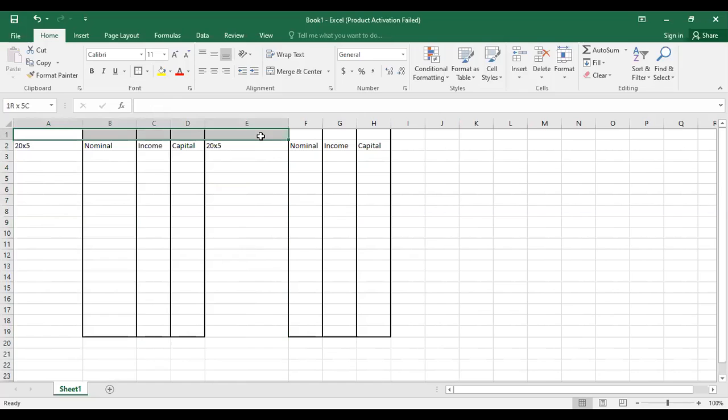Merge these cells and call this an investment account. So there we are.